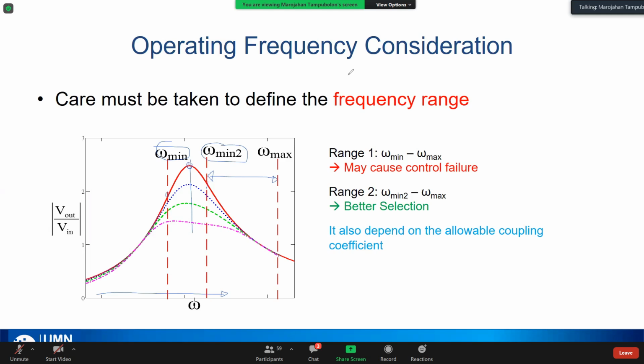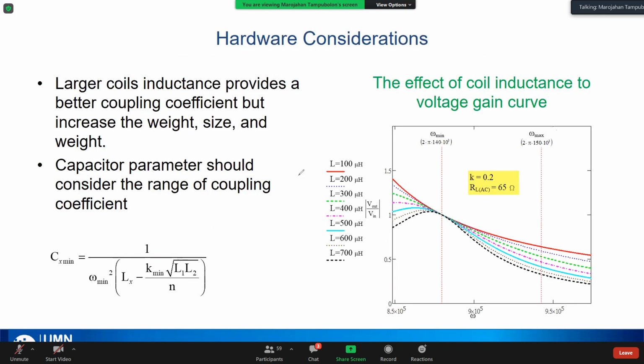Okay, next we move on to the hardware considerations. When we want to design this type of system, we have to design the coupler, the coils, and also choose the compensation parameters.